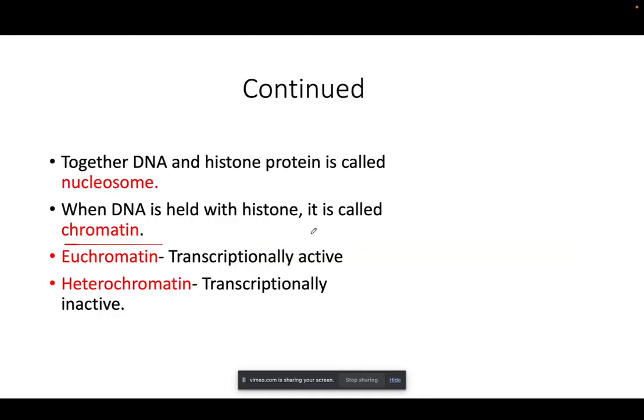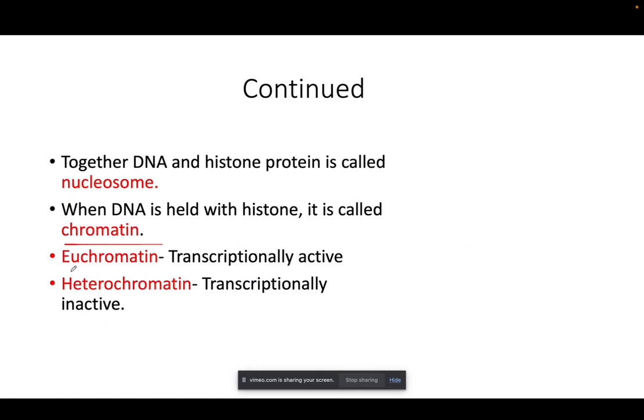Okay, and it turns out that there are two types of chromatin, depending on the situation, like when the cell needs transcription, right? And we will talk more about transcription. It's a process by which DNA is used to make the mRNA, and mRNA is used to make the proteins.